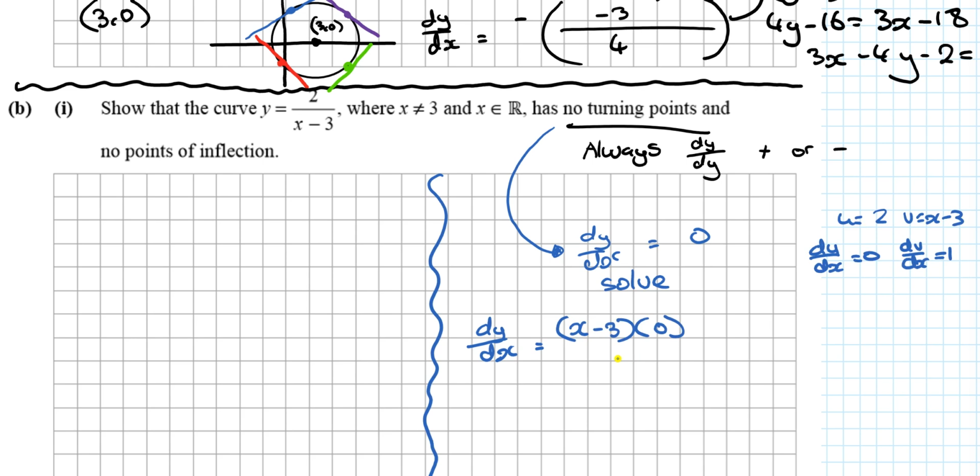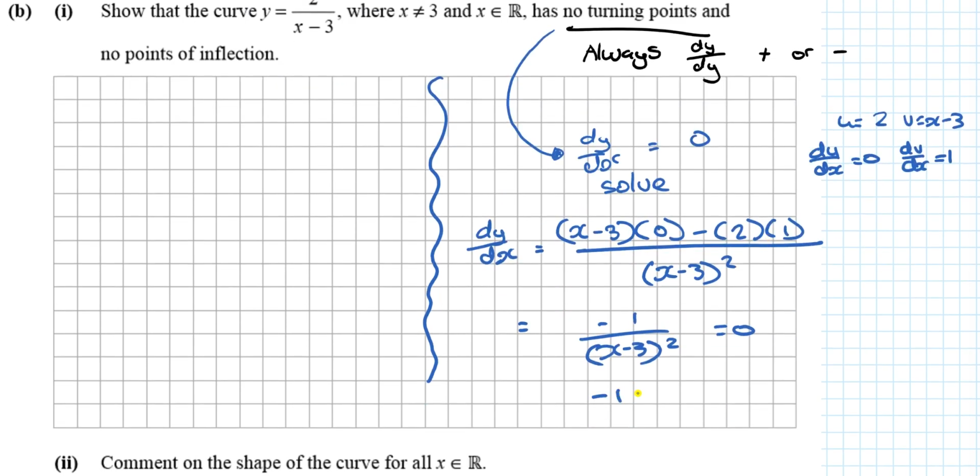So it's v, which is x minus 3, times 0 minus u by dv/dx, which is 1, all over v squared, which is x minus 3 squared. And I'm going to set that equal to 0, so I'm getting minus 1 over x minus 3 squared is equal to 0. So you're saying minus 1 is equal to 0. Well, that doesn't work, so therefore no turning point.